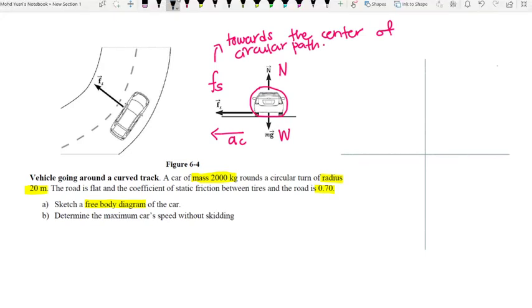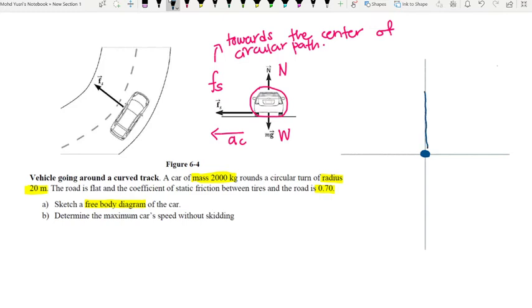So, line yang kelabu ini adalah saya punya koordinat axis X dan Y. Dan apabila kita melukis free body diagram, kita represent kita punya body dengan a dot, ataupun dalam kes ini kereta itu saya lukiskan satu titik. Yang besarnya saya exaggerate, sebenarnya kecil sikit pun tak apa.